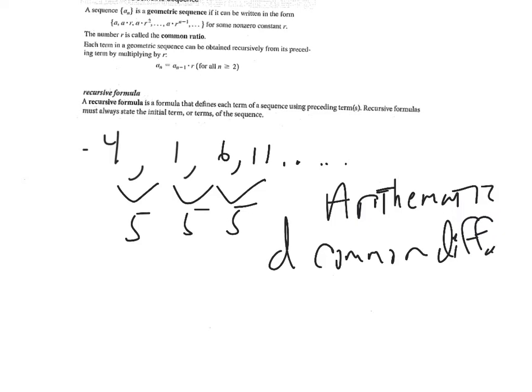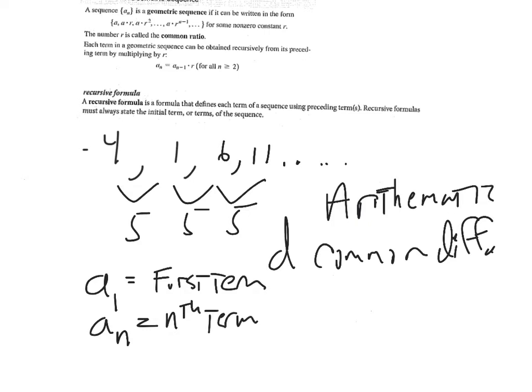And then what we usually do is we usually have some notation like this. a sub 1 means the first term. And then we'll usually say a sub n equals the nth term, whatever term we're looking for. And then you'll see this notation, a sub n minus 1.